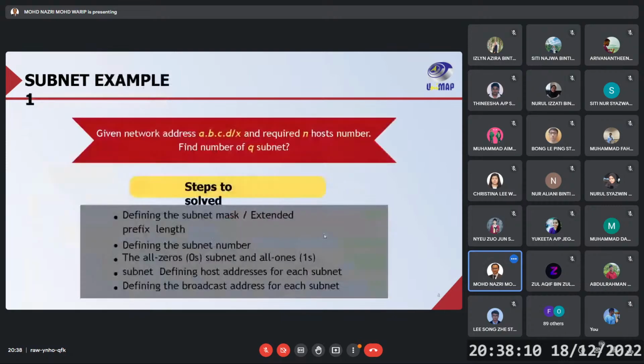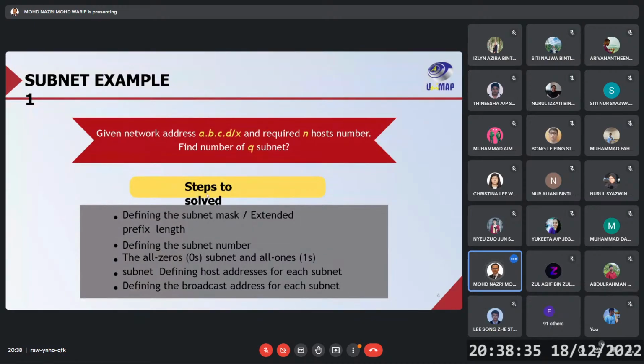This is generic. For example, given a network address a.b.c.d/x and a required number n of hosts, find the number of subnets. So this is a generic guide for you to plan how to design your subnet.